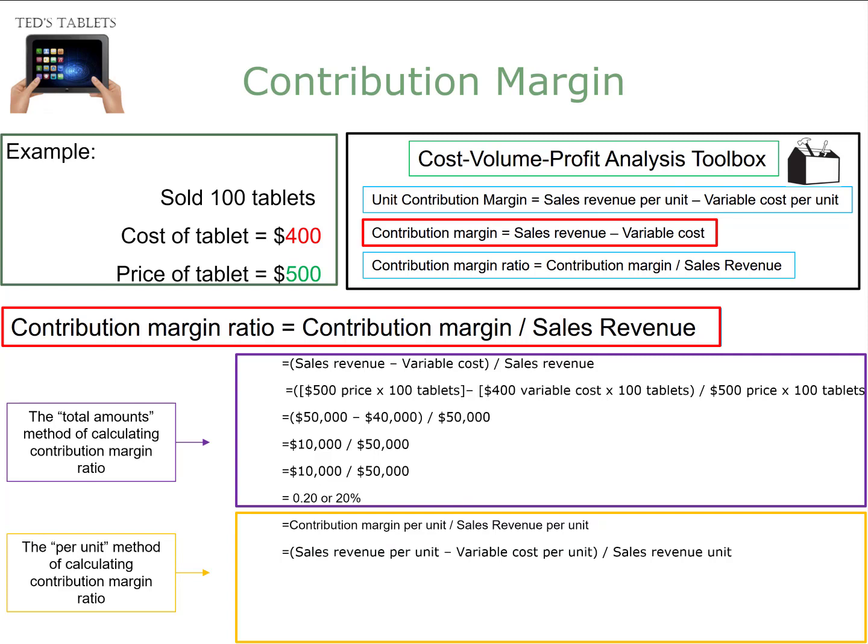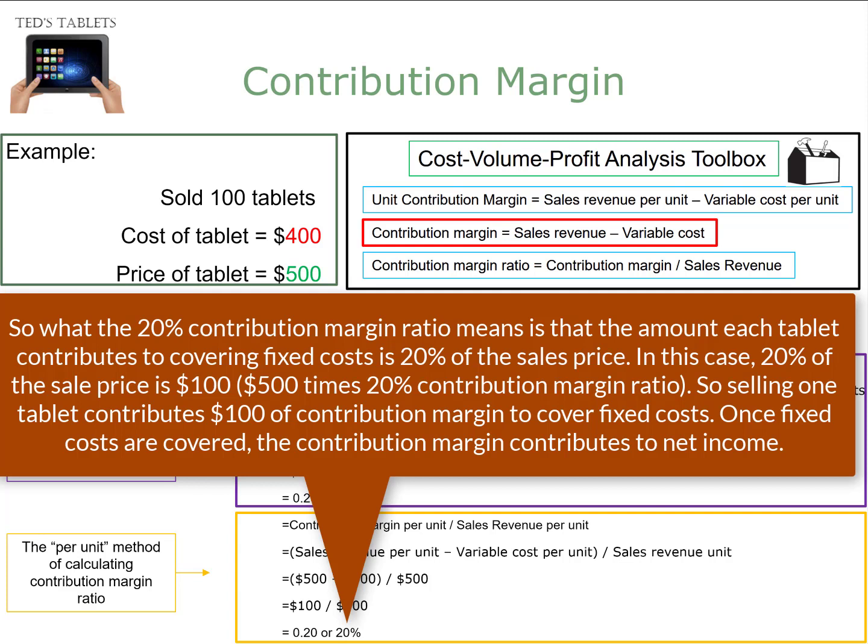So our new formula is simply sales revenue per unit minus variable cost per unit divided by sales revenue per unit. Plugging in the data, we get $500 sales price per unit minus $400 variable cost per unit divided by $500 sales price per unit, which eventually gives us 20% again.